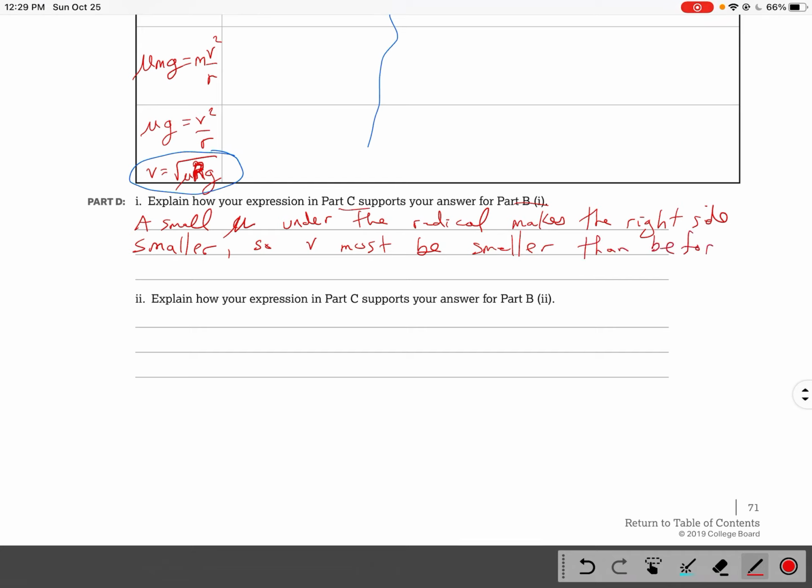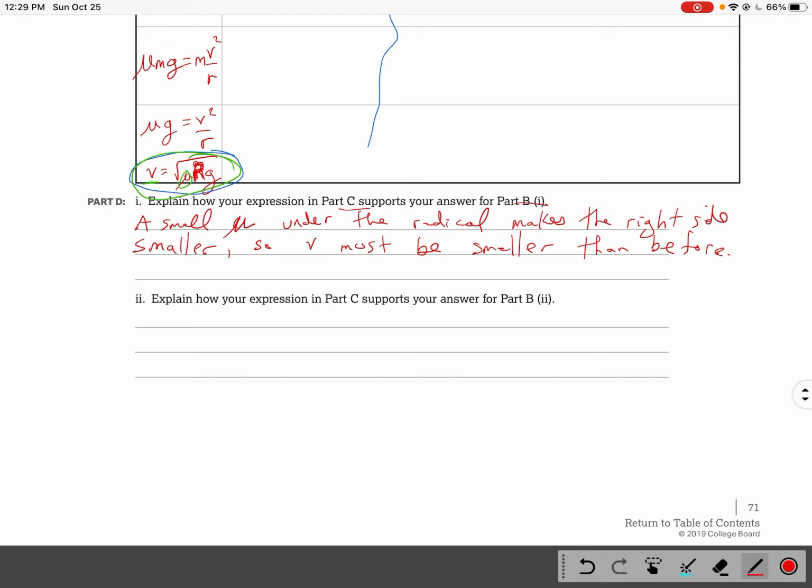So again, that matches exactly what we were saying before, that a smaller coefficient of friction means that I have a smaller maximum velocity. So we're relating this relationship, a smaller mu on the right side means that the v is smaller on the left. So it's a qualitative, quantitative connection.